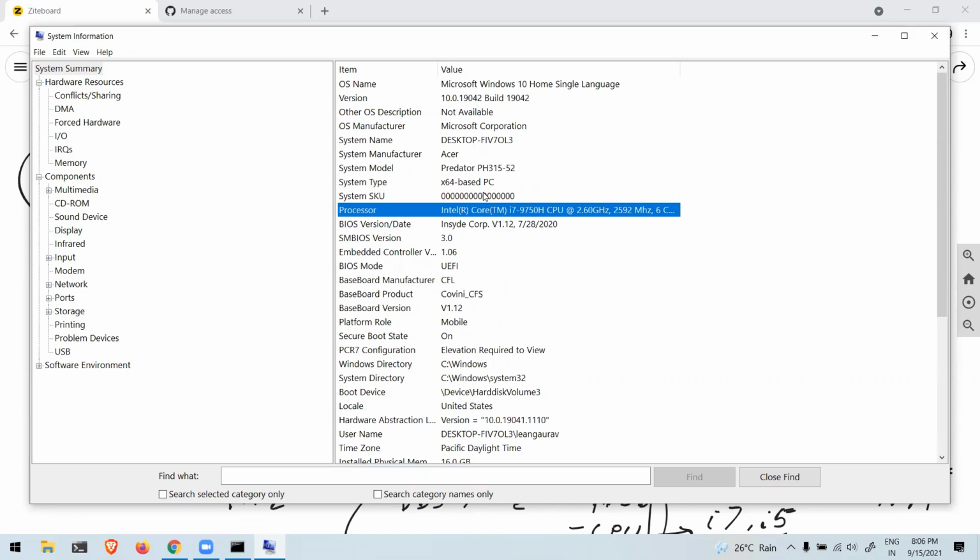So anyways, what kind of systems do you guys have? Do you have i7, or is anyone running an i3 processor? If you guys know which processor is there on your system. No one running i3, i5? Mine is i5.